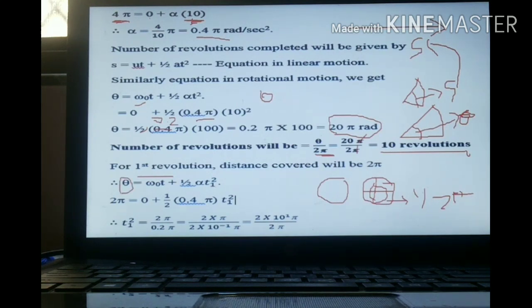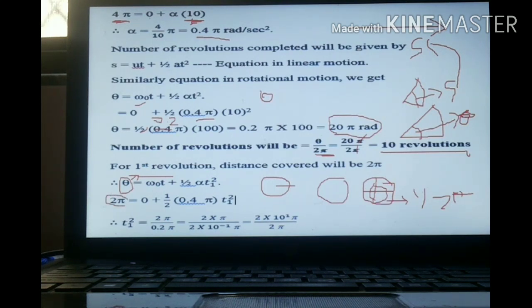Theta's value for one revolution is 2 pi, because whenever the circular motion completes one complete revolution, the angular displacement obtained is 2 pi. So we are substituting 2 pi over here.